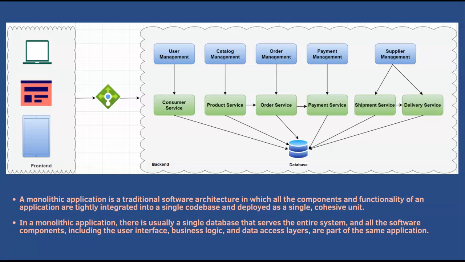So it has its business layer: user management, catalog management, order management, payment management, and supplier management. These are all part of the business logic layer. And then you have the data access layer. You have the application integration through the services.